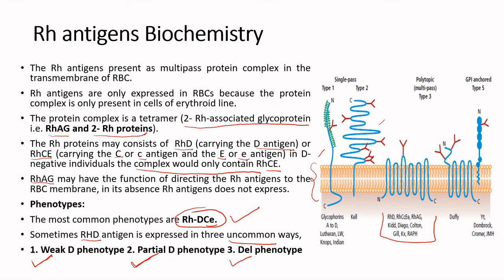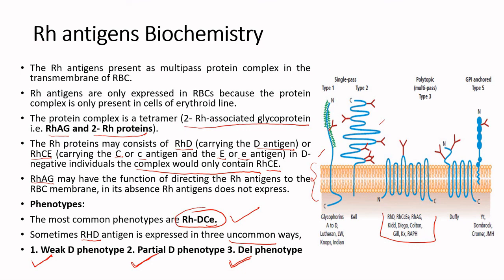And in the third case, if most of the epitopes of the RHD antigen are weakly expressed or not present, it is called the del phenotype. Del means the RHD antigen can be captured by eluting with the antibodies. So this is the del phenotype.